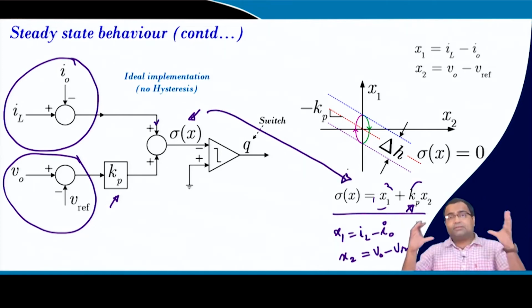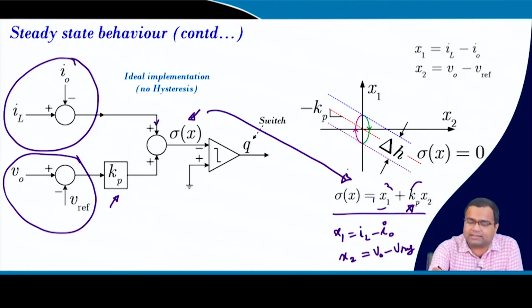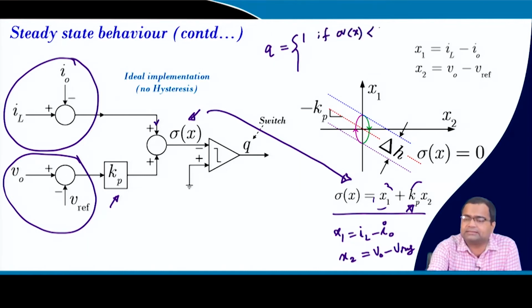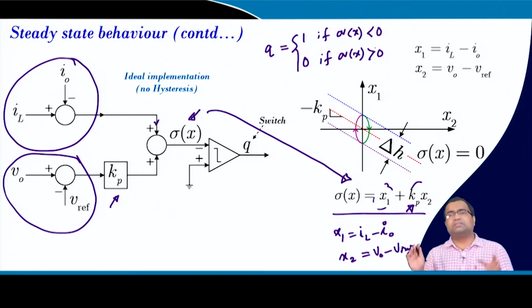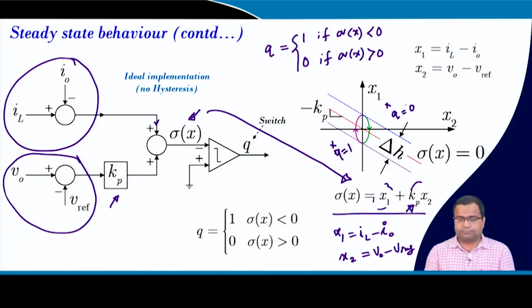Now, what is our switching logic? Here the switching logic is: Q equals 1 if sigma x is less than 0, or 0 if sigma x is greater than 0. That means on this side I take Q equal to 1 and on this side Q equal to 0. This is my switching logic.